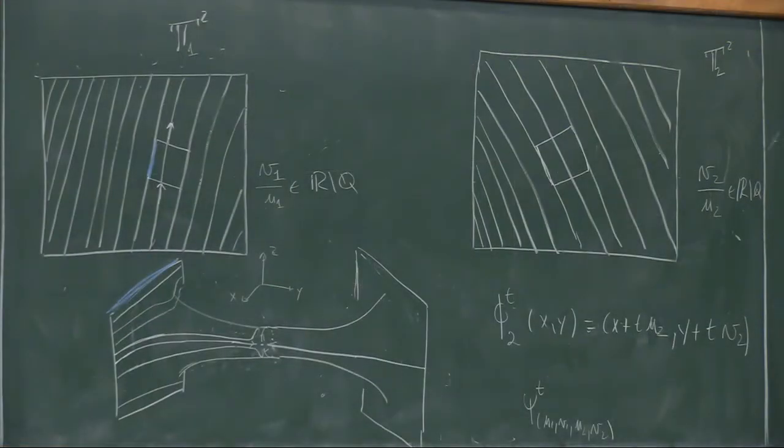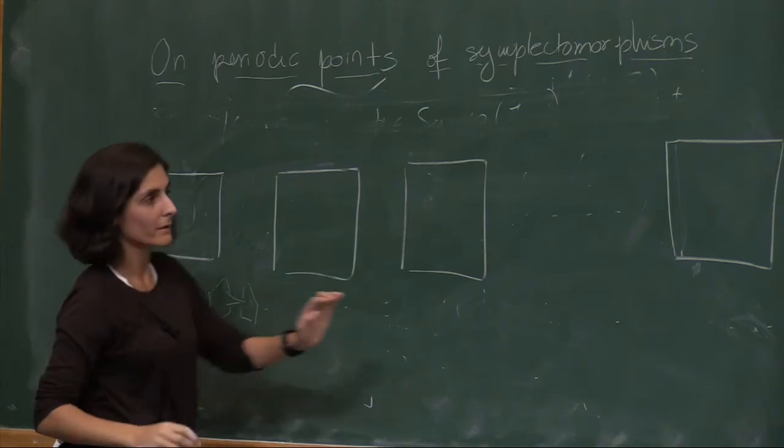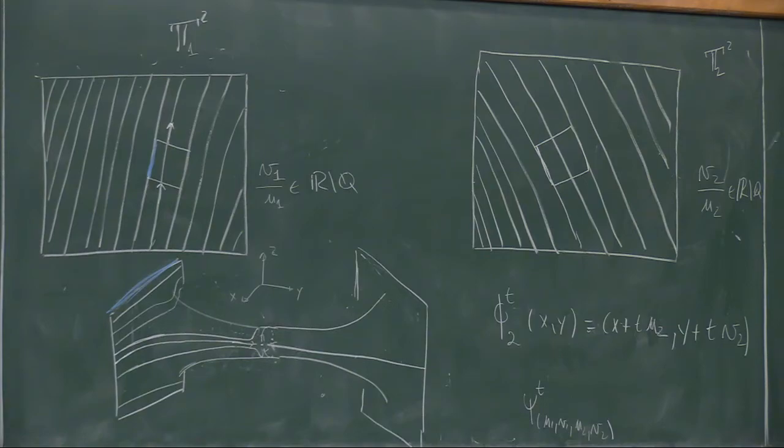Right, I will consider here a rational linear flow on each one of them. I'll glue the tori by an object that looks like this one, right? So here I'll have one square, and two of the sides are segments of the flow line.